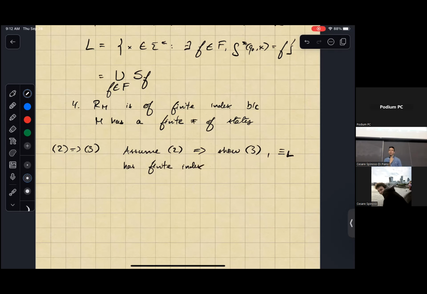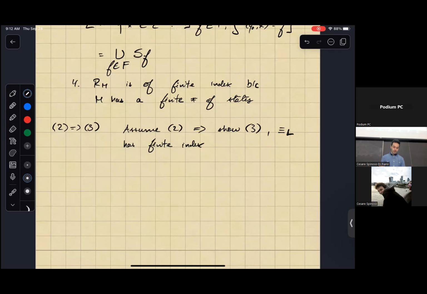Okay. So to do this, I'm going to use a nifty trick. I think it's quite nifty. I'm going to show that the index of the Myhill-Nerode relation is less than or equal to the index of that relation R, one of the relations R that satisfies 2.